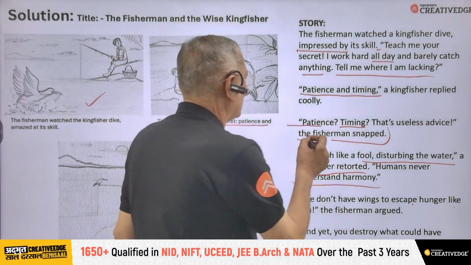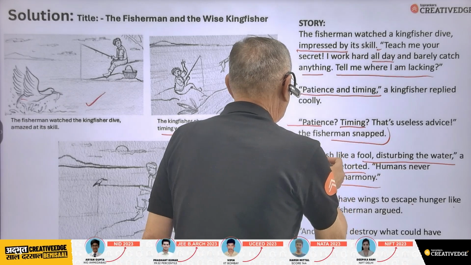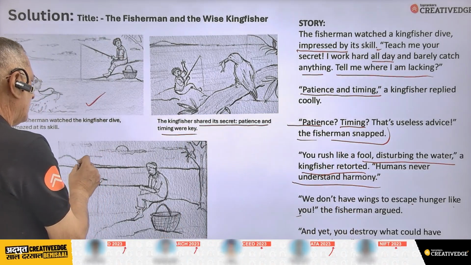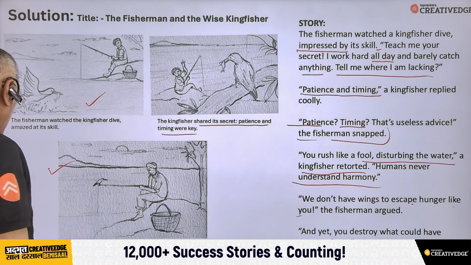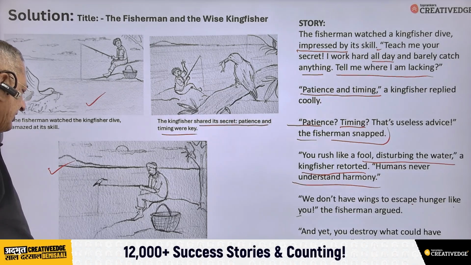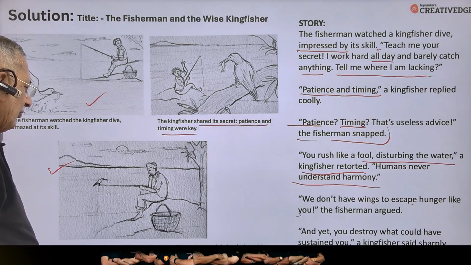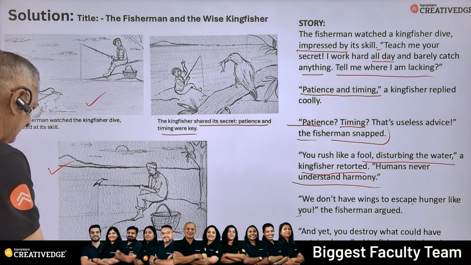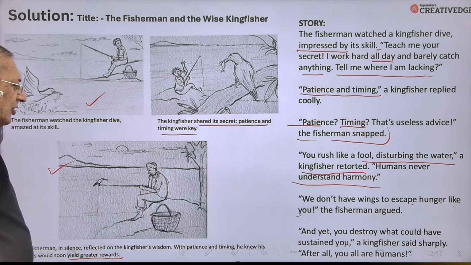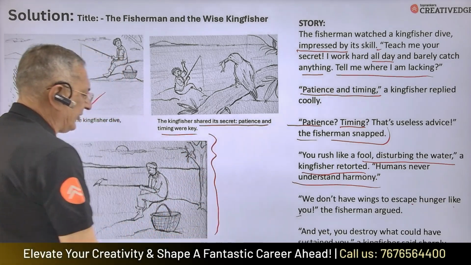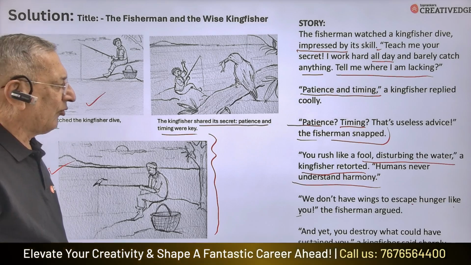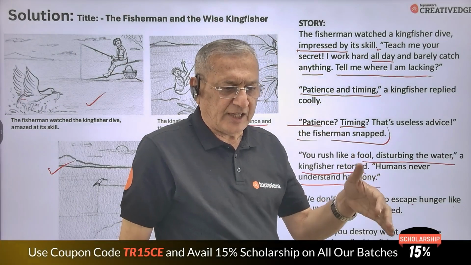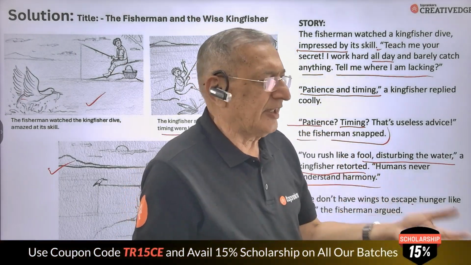The fisherman in silence reflected on the Kingfisher's wisdom. With patience and timing, he knew his efforts would soon yield greater results. So lastly, the fisherman understands what could add to the value of his labor, and that was patience and timing.